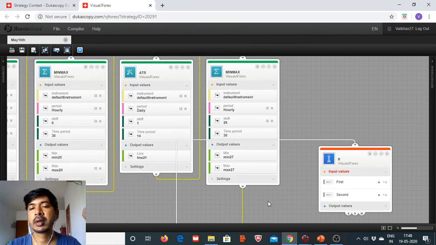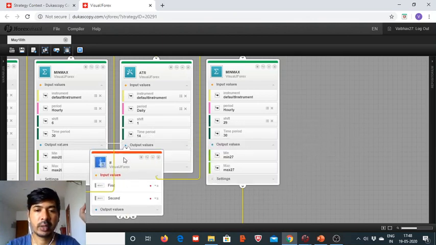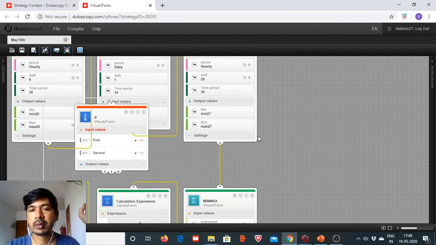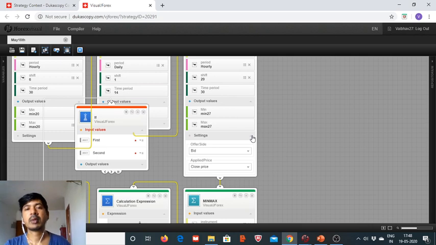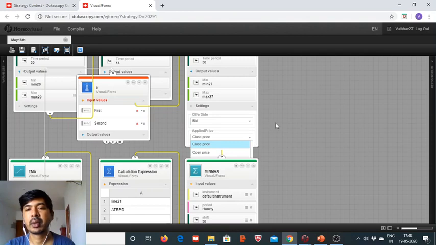So we take the values and we compare. We need to compare this value here, and it should be bid and the low price.